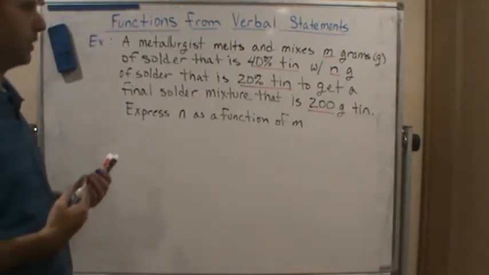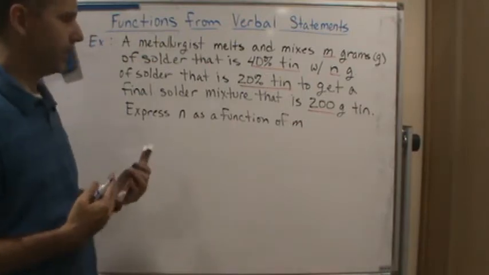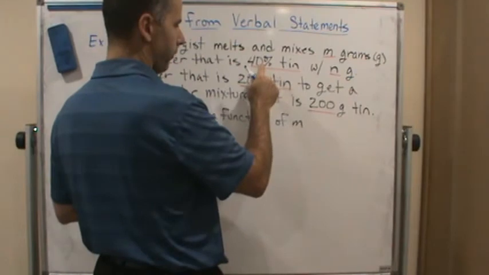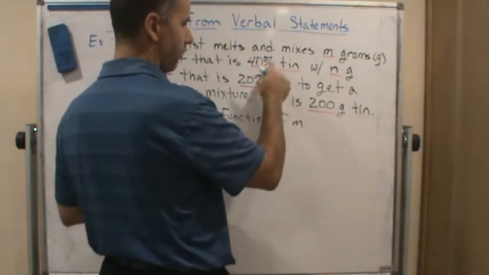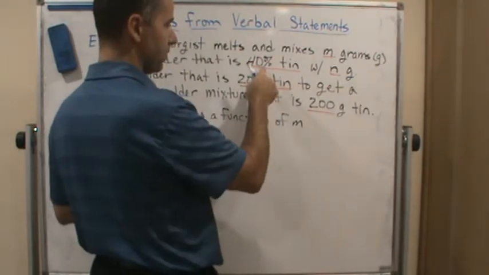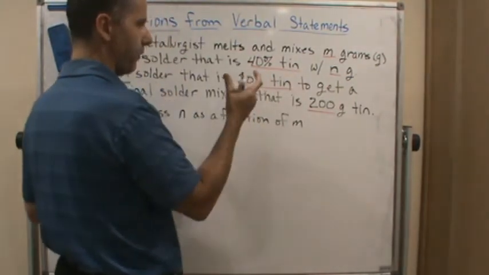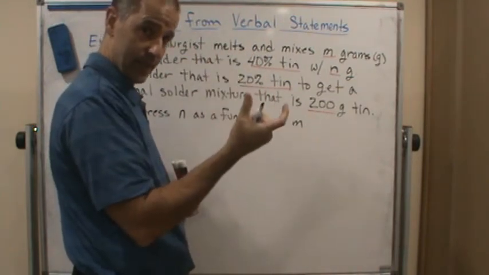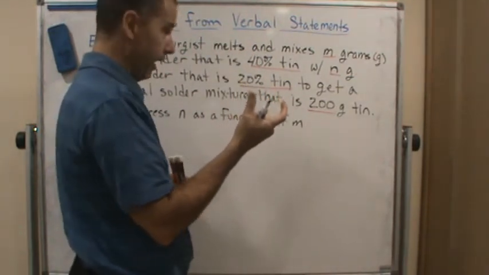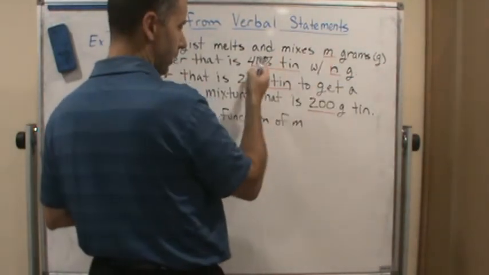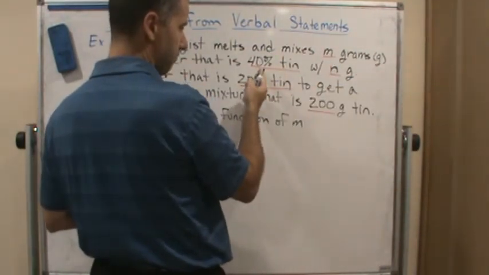Okay, so how do we calculate the amount of tin in here? Well, 40% of the m grams, keyword of, is tin. So this is a multiplication, right? If I want to express the amount of grams of tin that I have, I'm going to multiply the m grams of solder times the 40%.